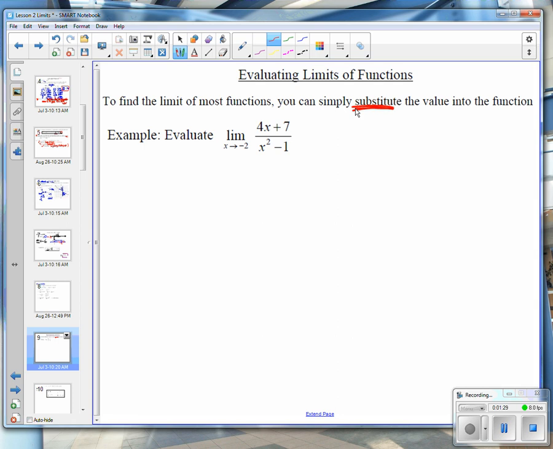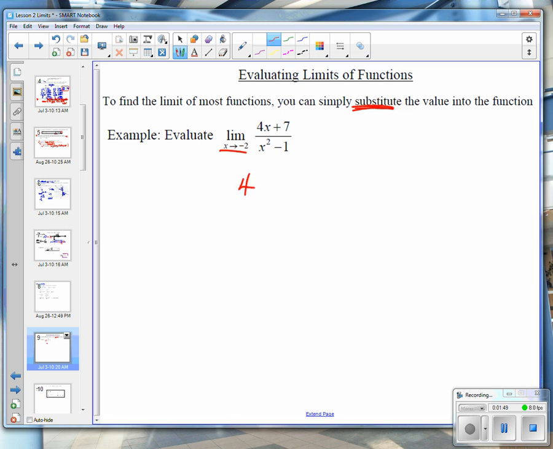The one thing that I always look at is my denominator. If I plug in something and I get a 0 in my denominator, then we know that we're going to run into a problem. But if you notice, if x is going to be equal to negative 2, negative 2 squared minus 1 is not a 0. So let's try substituting it in.